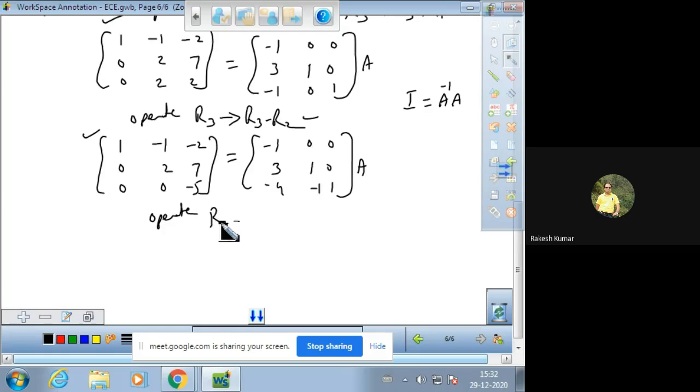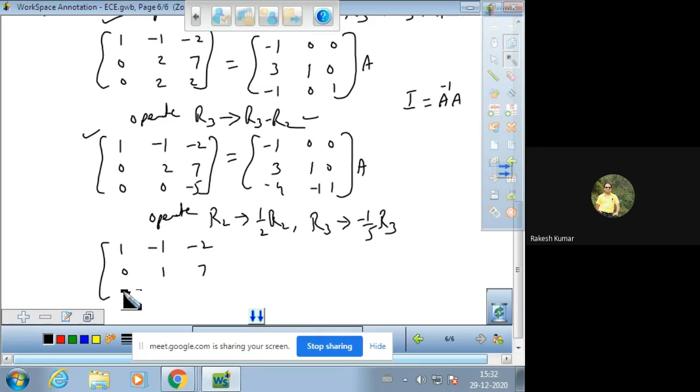R2 will be divided by 2, and similarly R3 will be divided by minus 5. So after applying this, you will get 0, 1, 7 over 2, and this is 0, 0, 1.